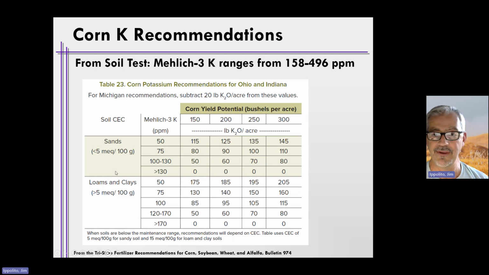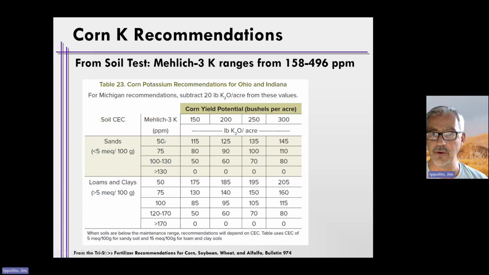This table ties directly in with what you learned in the cation exchange capacity unit. The way this table works is you use your Mehlich-3 potassium extraction values and go to a table like this. So you need to know something about cation exchange capacity and the extractable potassium concentrations from Mehlich-3 extractions, and you go to a table.